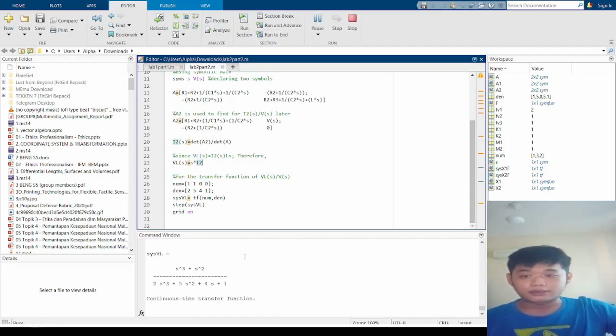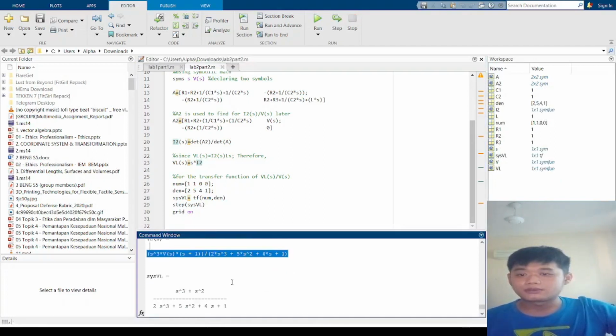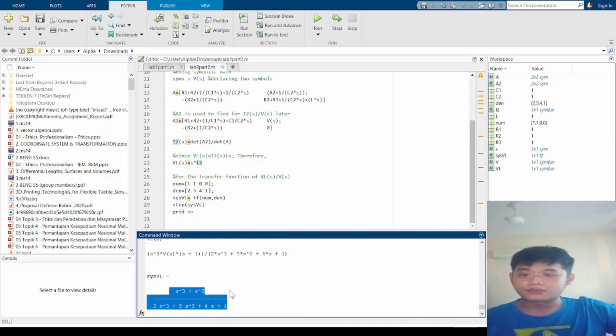After we find out, let's just rerun everything again. After we find out the value of this, as we can see here, since we only have 2 values here, it's going to be 1, 1, 0, 0.